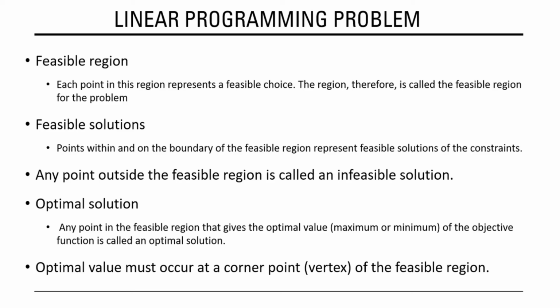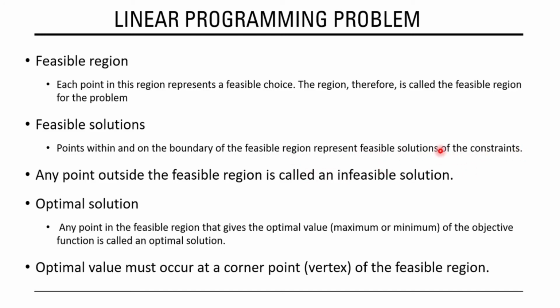Each point in this region represents a feasible choice. Therefore, the region is called the feasible region for the problem. Now, what are feasible solutions? The points within and on the boundary of the feasible region represent feasible solutions of the constraints.